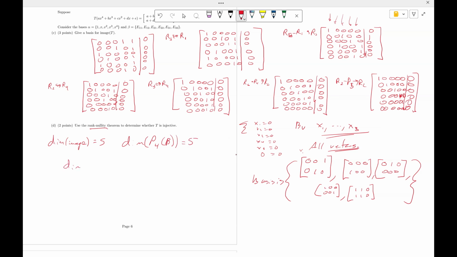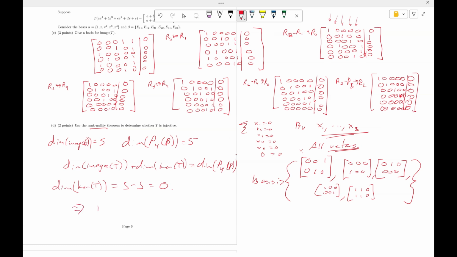The dimension of the image of T plus the dimension of the kernel of T equals the dimension of the polynomials of at most degree 4. So the dimension of the kernel of T equals 5 minus 5, which equals 0.